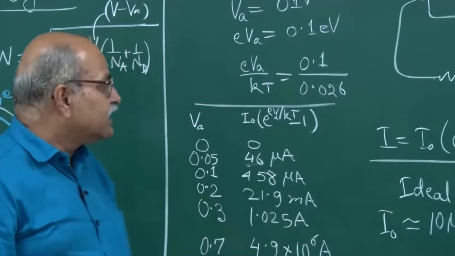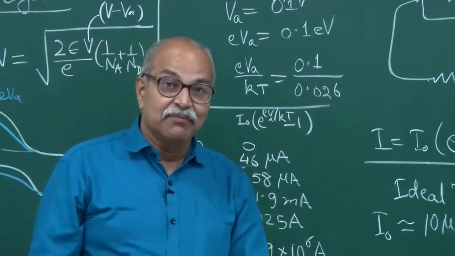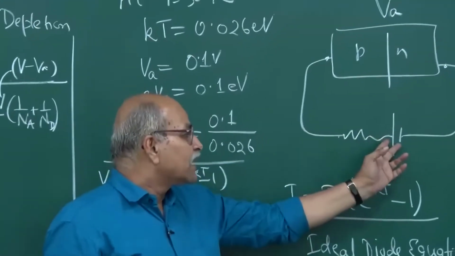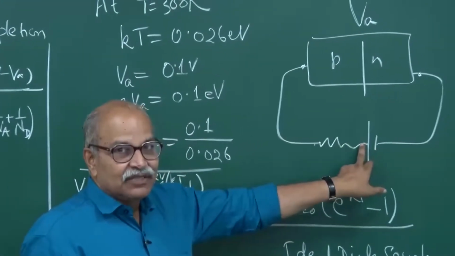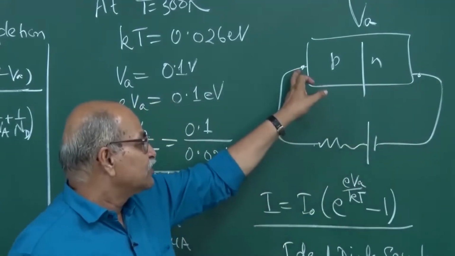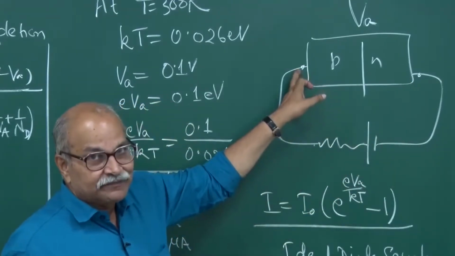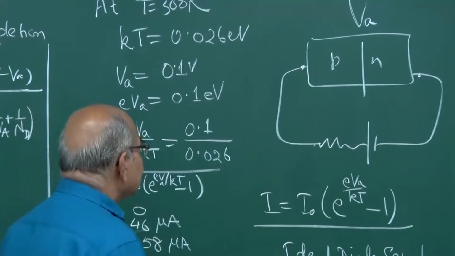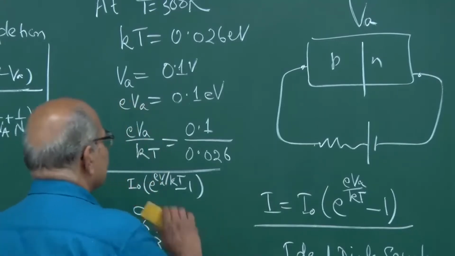Now the next thing is reverse bias. What happens if I connect this circuit, but the polarity is opposite, so that higher potential is put here and lower potential is put here? Then what happens? You can very easily guess what will happen. Let me first remove some of this.